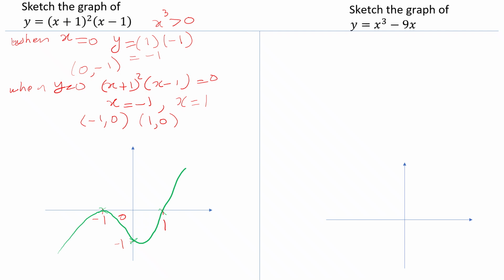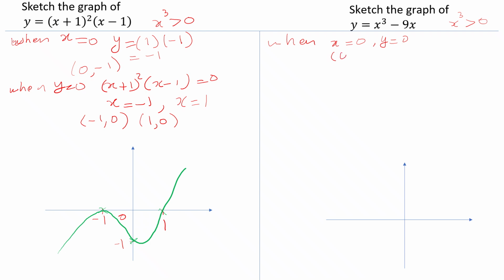Next one, y equals x cube minus 9x. So x cube is greater than 0. So when x equals 0, y equals 0.